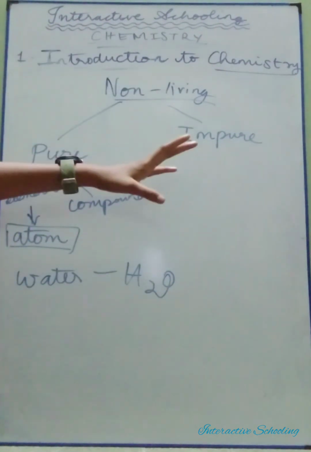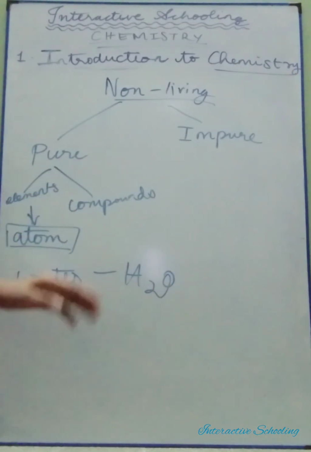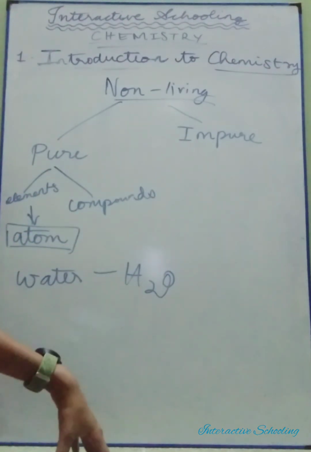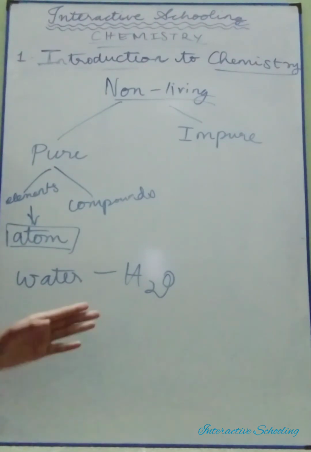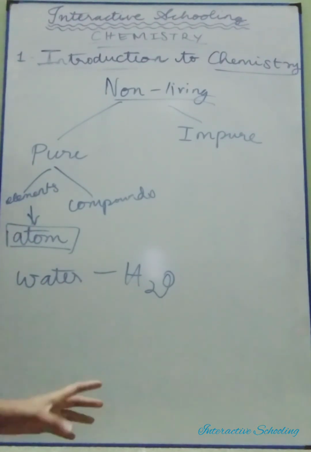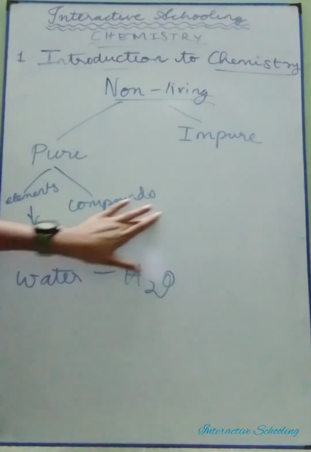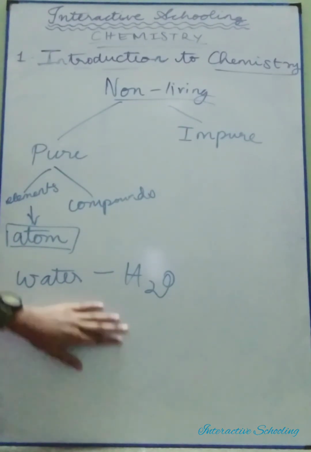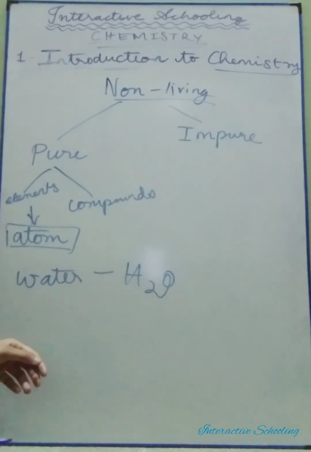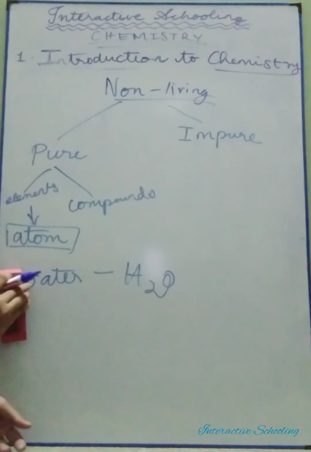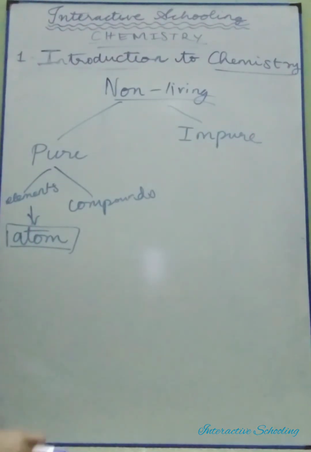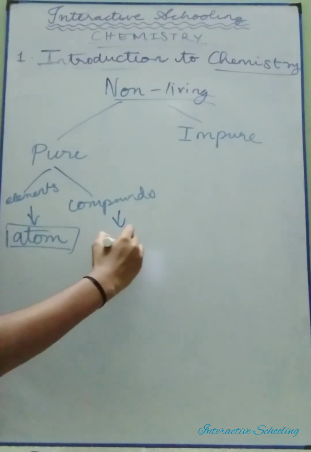Water is a non-supporter of combustion, oxygen is a supporter of combustion. So as you can see, the properties are completely different. The molecule is not made up of the same kind of atoms. So that's what a compound is. Its smallest particle that exhibits all of its properties is a molecule.